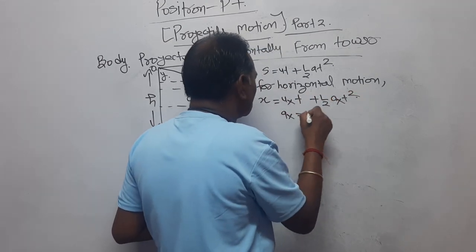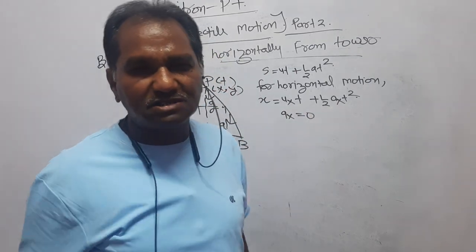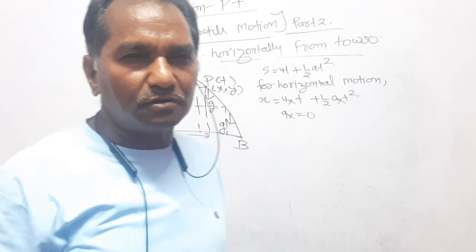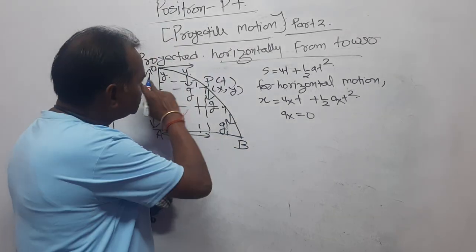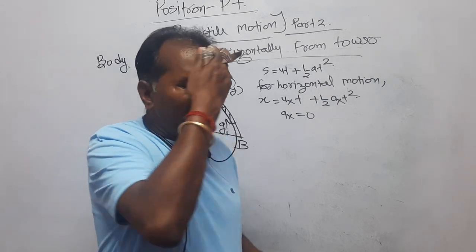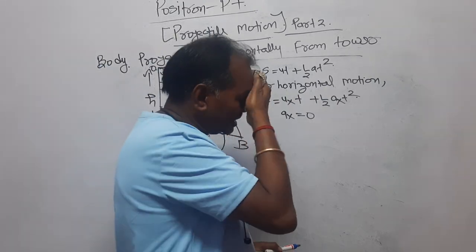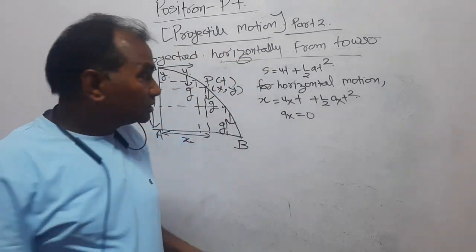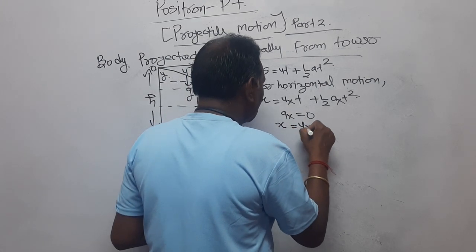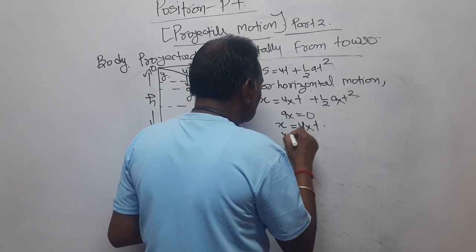But ax is 0. There is one and only one acceleration acting vertically downward, that is the acceleration due to gravity, right? So there is no horizontal acceleration in this entire motion. So I have written here ax equal to 0.